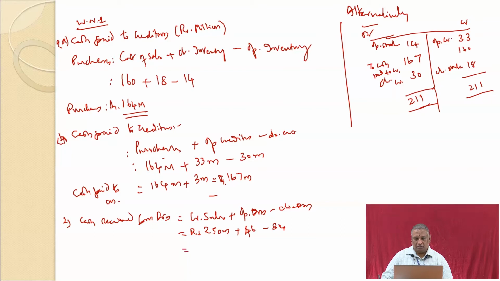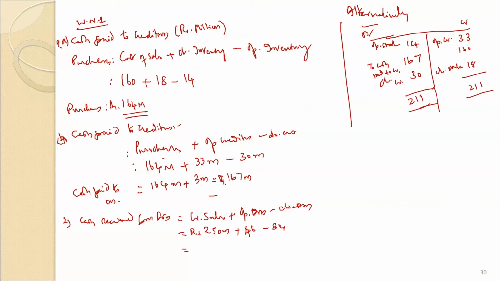So it should be 296 minus 84, which should be 212 million rupees. So this is cash received from debtors.